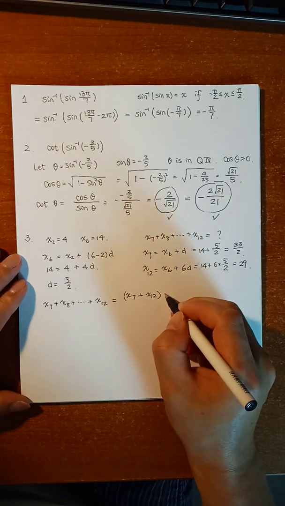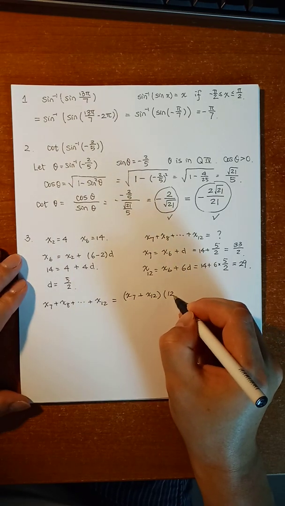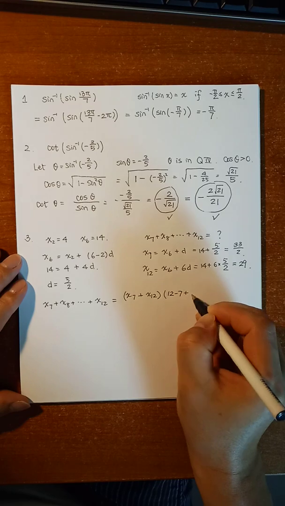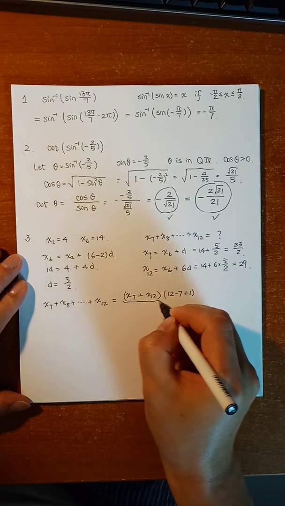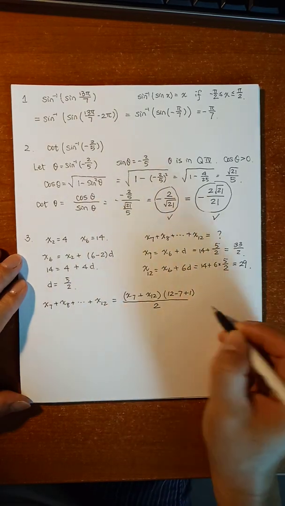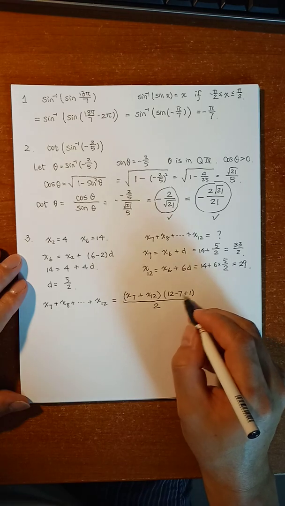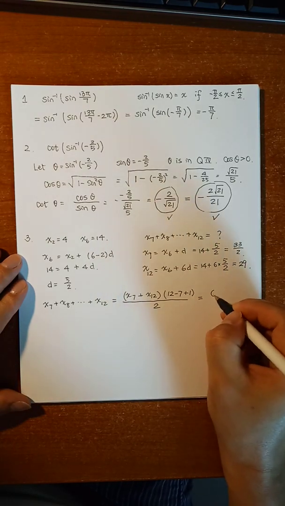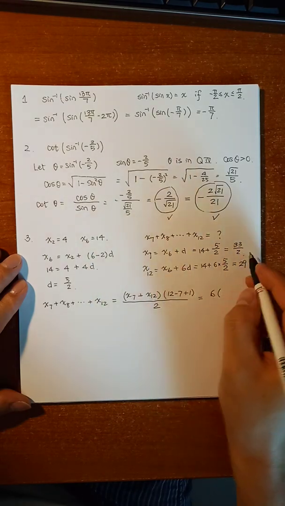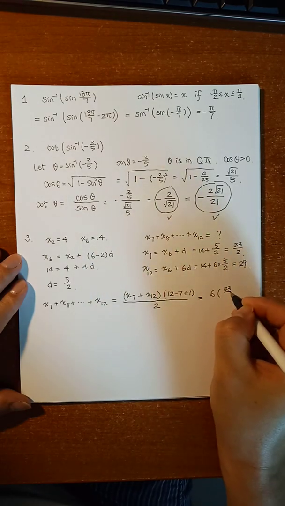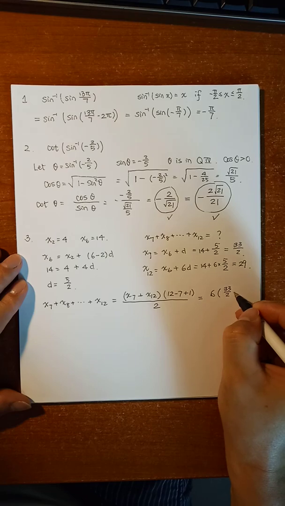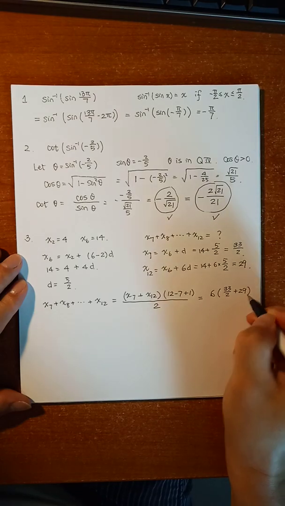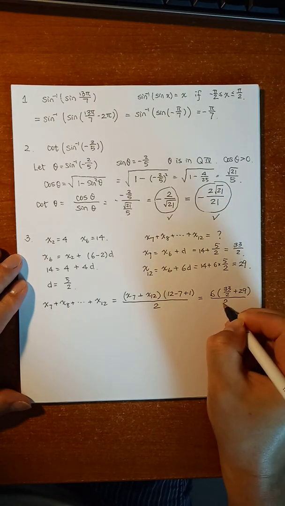How many terms? 12 minus 7 plus 1. 12 minus 7 is 5, plus 1 is 6. There are 6 terms. x7 is 33 over 2. x12 is 29.